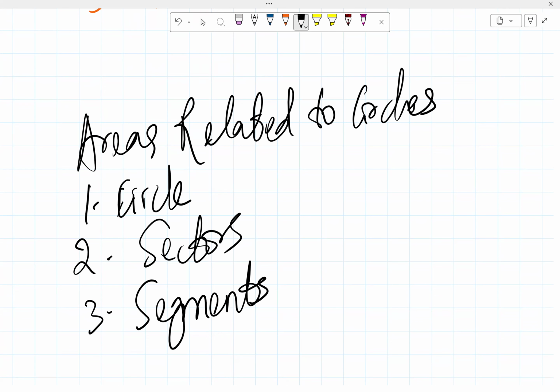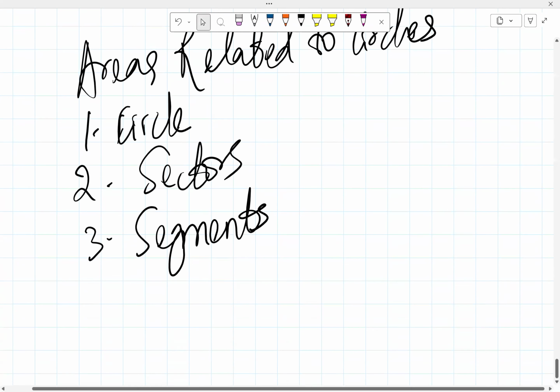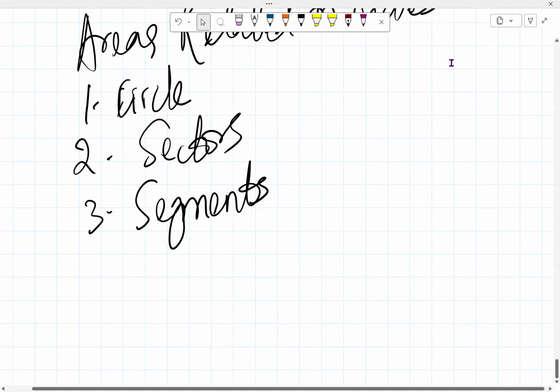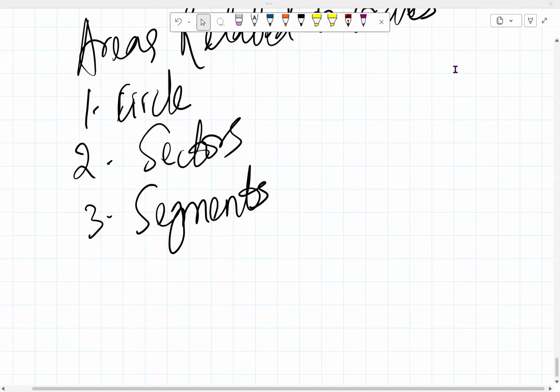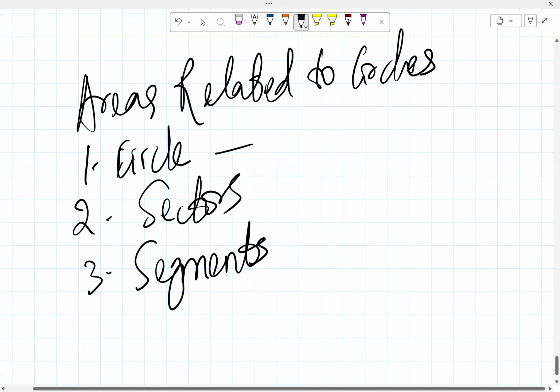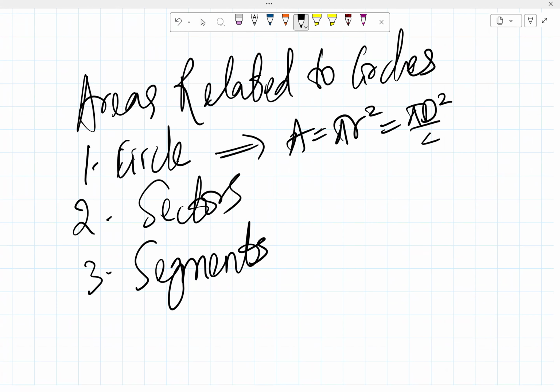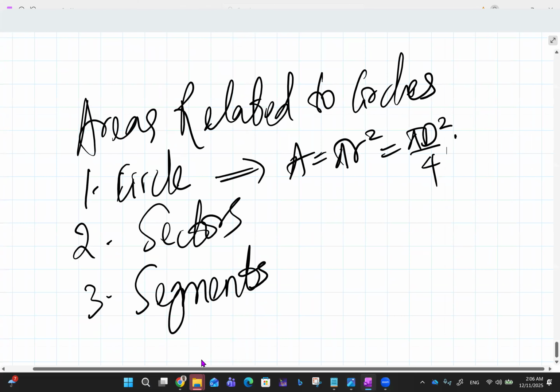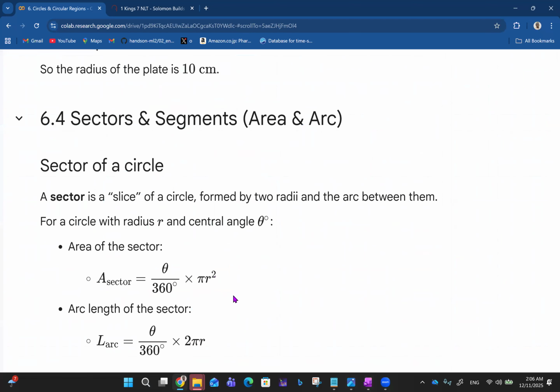These are some key things we have when it comes to the area. That's the plane shape now. Now let's dig into this. We already know the area of a circle is pi r squared, or if you like, pi d squared over 4. So let's look at other ideas like sectors and segments.